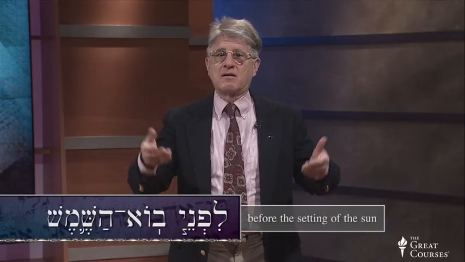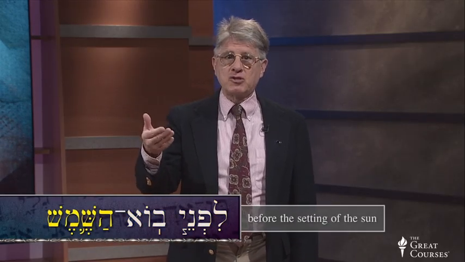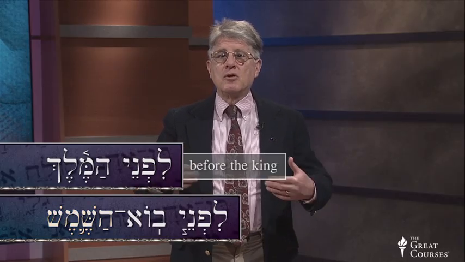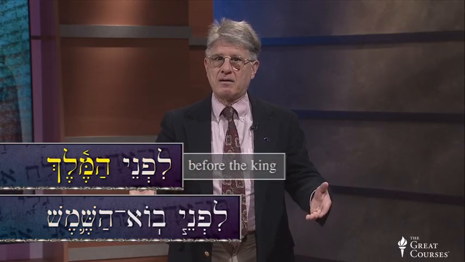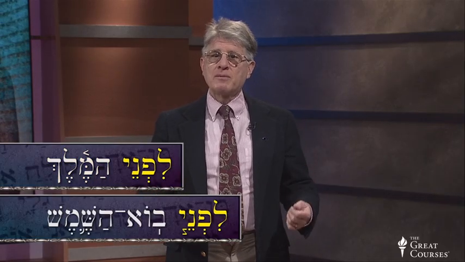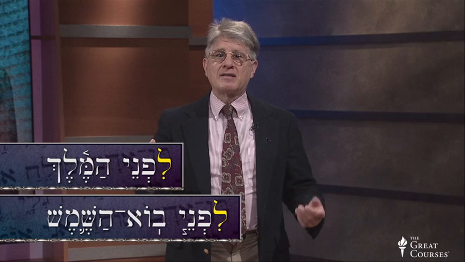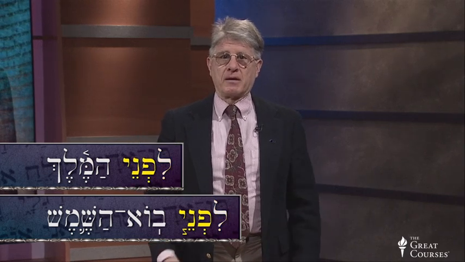Just as in English, lifnei can mean before in time or in space. Before the setting of the sun, lifnei vo hashemesh, he stood before the king, lifnei hamelech. That word, lifnei, is just our preposition le attached to penei, the face of something.